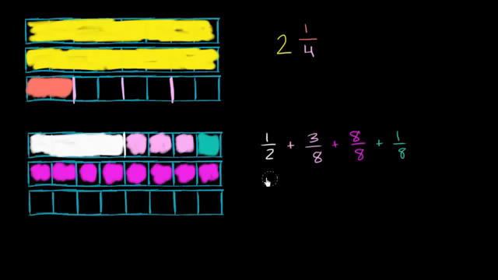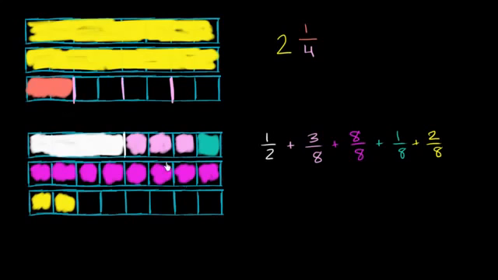Well, these are eighths right over here, so 2/8 is going to be 2 of these. And notice, the 2/8 is the same thing as 1/4. If you took this 1/4 and split it into 2, so you have two times as many pieces, it becomes 2/8. 1 times 2 is 2, 4 times 2 is 8. So that 1/4 is the same thing as 2/8.